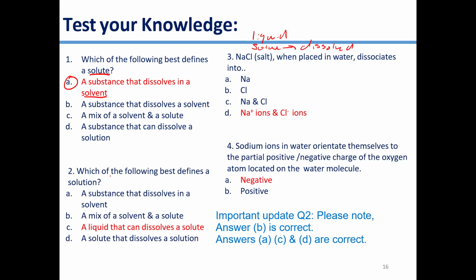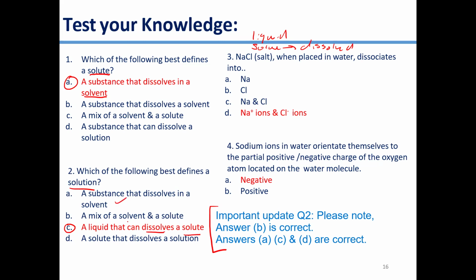All right, so in number 2, it says, which of the following best defines a solution? Now, it is important that all of these aren't necessarily going to be correct. It's just C, the reason why this is going to be the most correct is because it's asking to define a solution, and it's a liquid that can dissolve a solute. Okay, so a substance that dissolves in a solvent is definitely going to work.